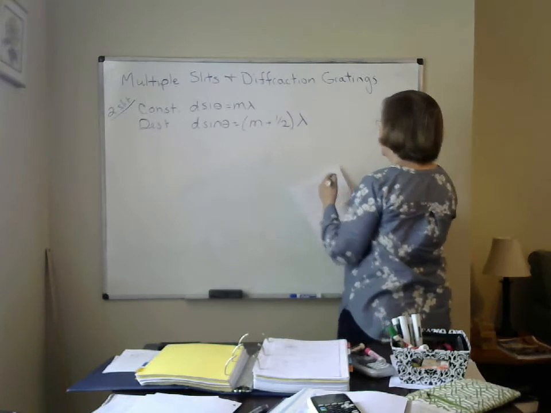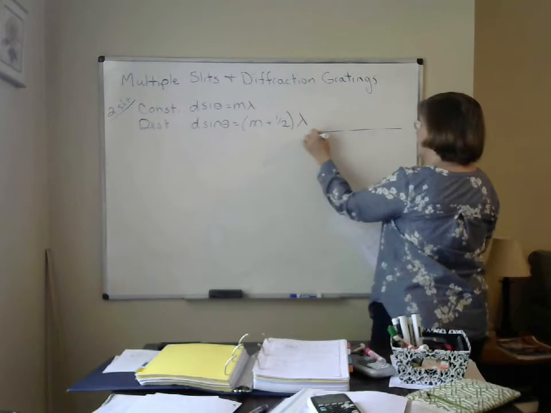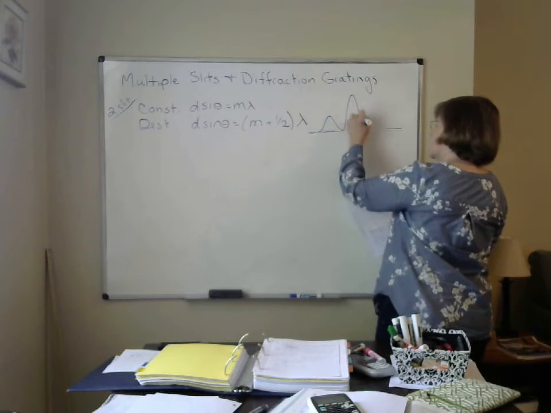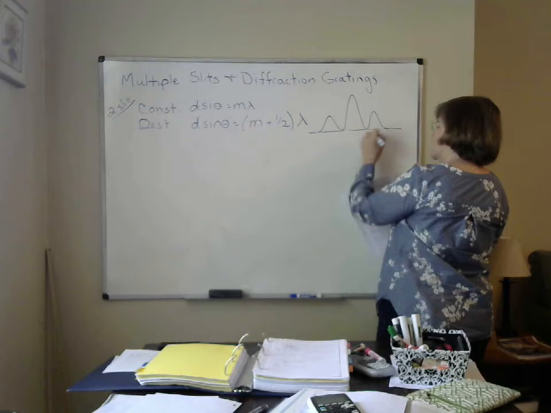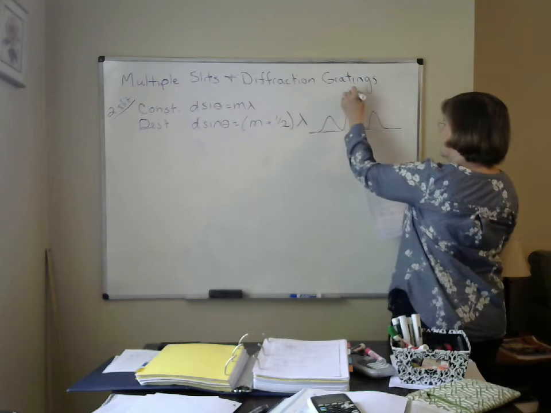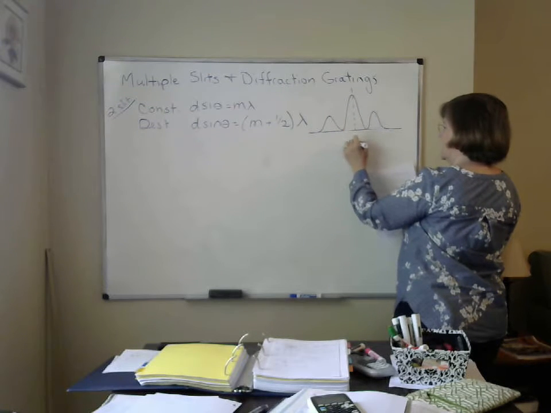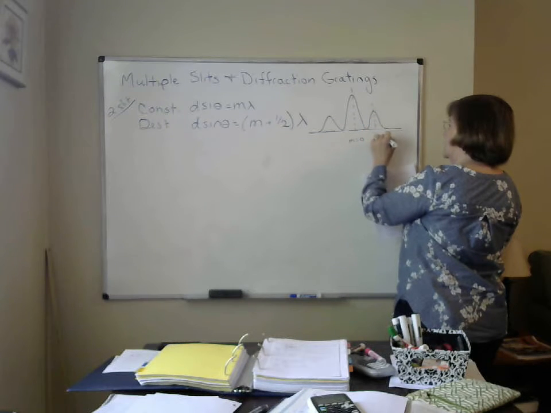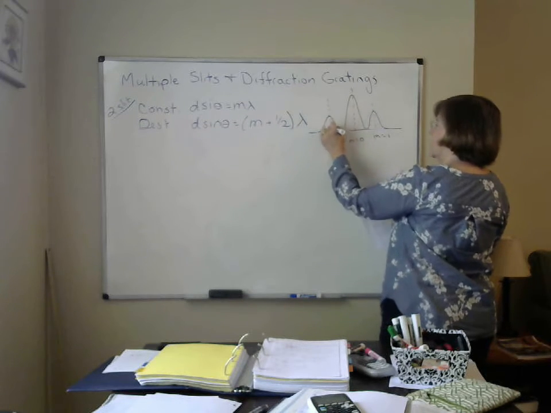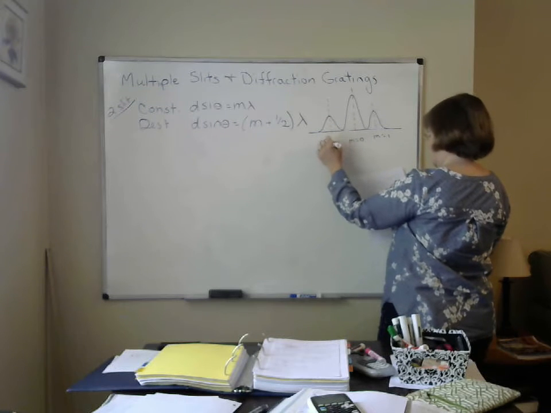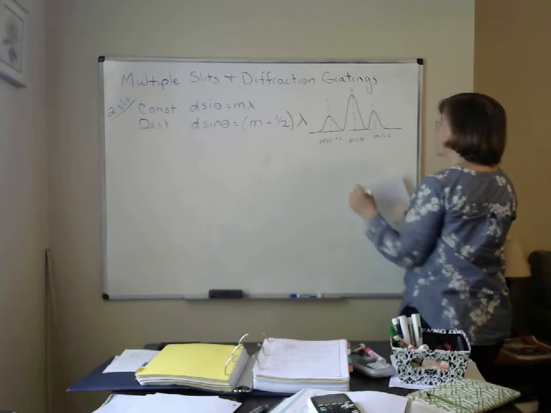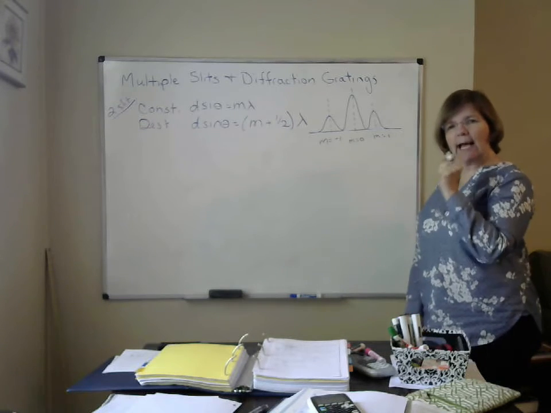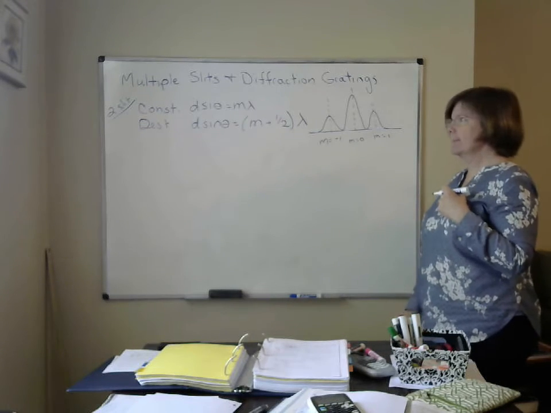And we got a pattern that looked like this. There's m equals 0, m equals 1, and there's the other m equals 1. And you notice that in between those maximums, there's exactly one minimum.